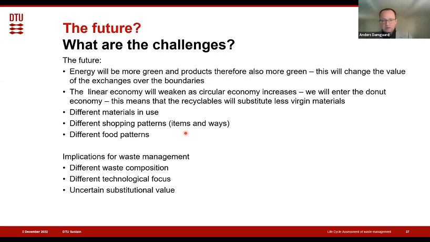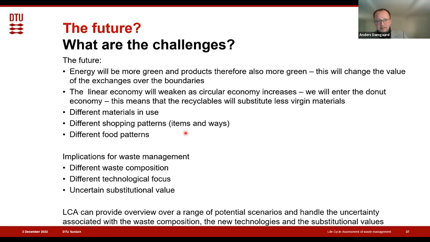And therefore, LCAs can provide an overview or a range of potential scenarios and handle the uncertainty associated with this in the waste composition, the new technologies and the new substitutional value. So I definitely think there's going to be a need, and probably even a bigger need in the future, for doing LCAs, because we move into this very, very uncertain time.